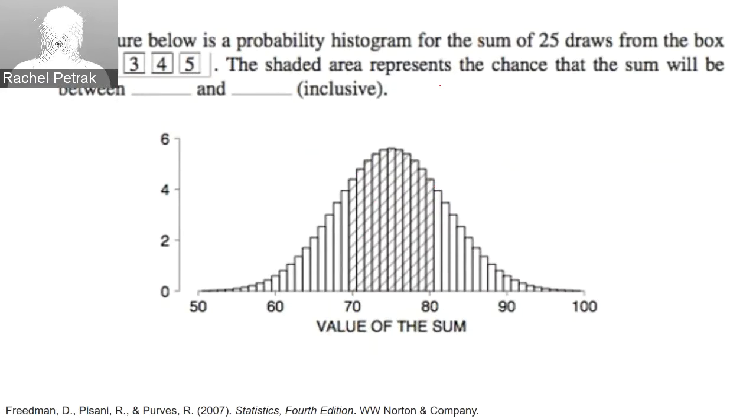So now we're being asked for the chance that the sum will be in this shaded area inclusive. Inclusive means you're including the scores that are at the edge. So we can see that this shaded area goes from 70 to 80.